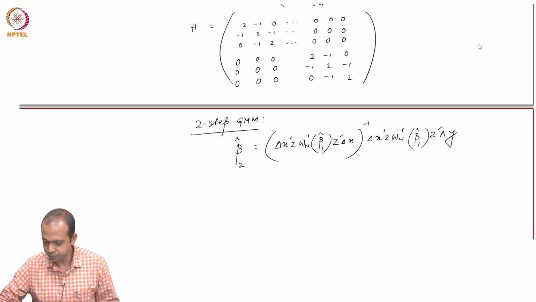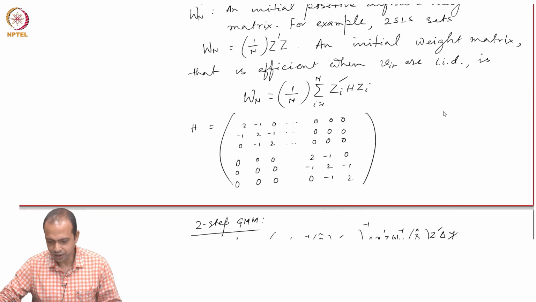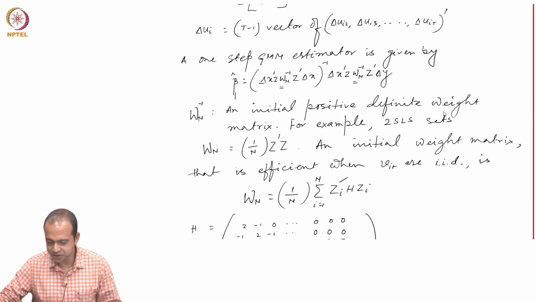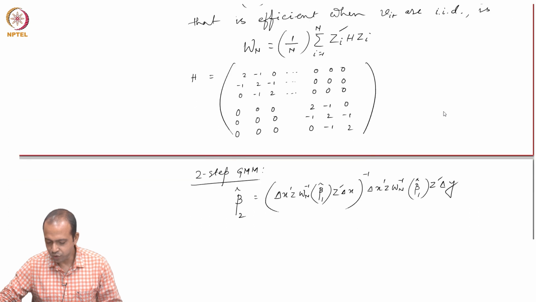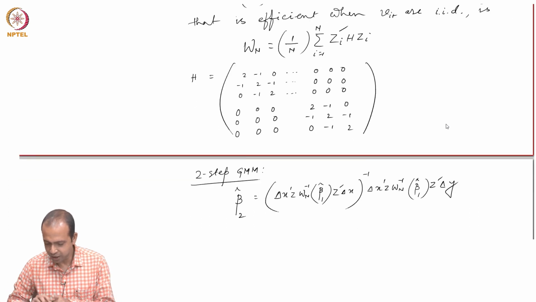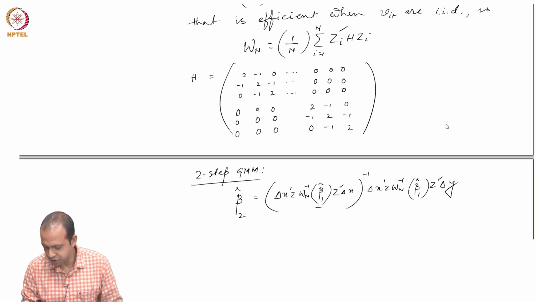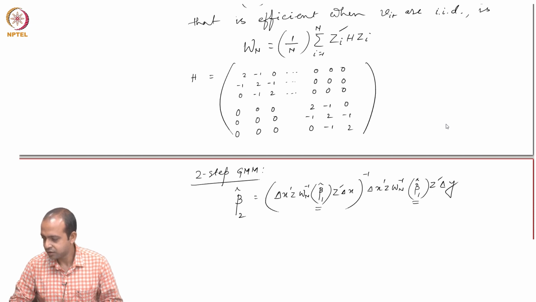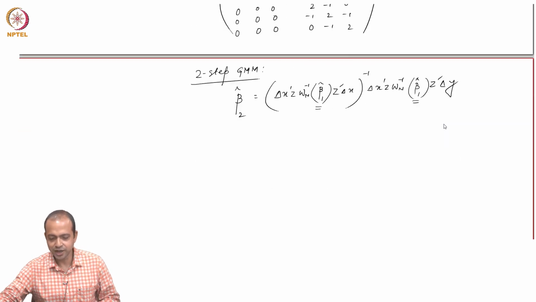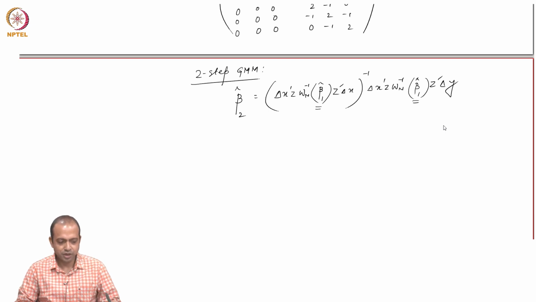If you compare beta 2 hat and beta 1 hat, everything else is the same; the only thing is that while estimating beta 2 hat, I am incorporating this beta 1 hat estimated earlier. That is why it is called 2-step GMM, right.